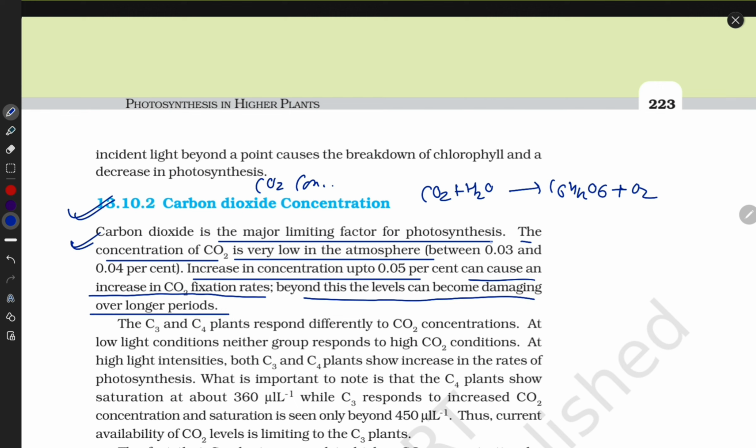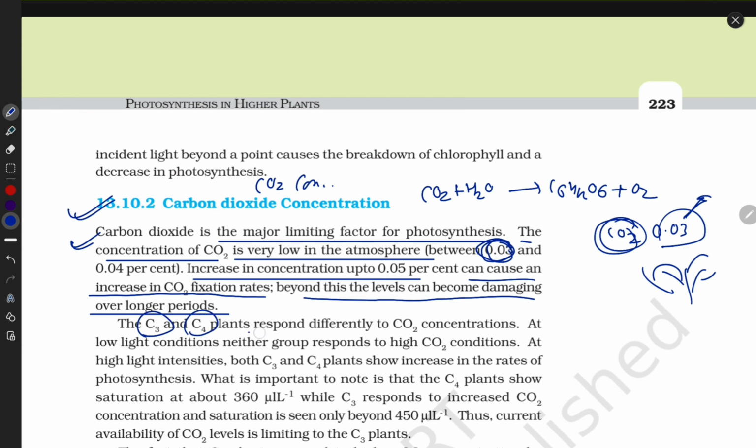Assume this is the peak value of CO2. This value is enough for the plant. If you provide an excess amount of CO2, it is not good for them.